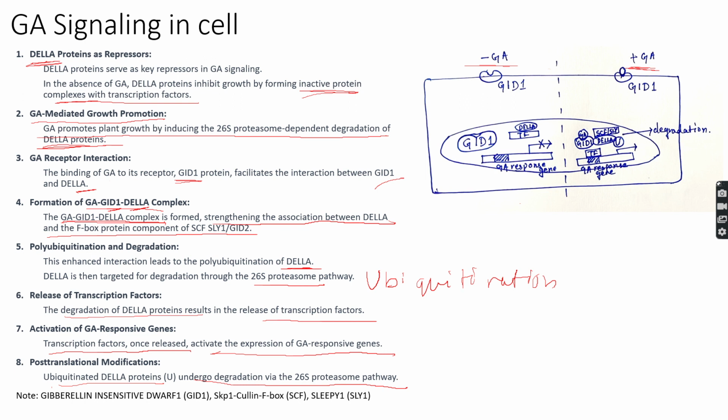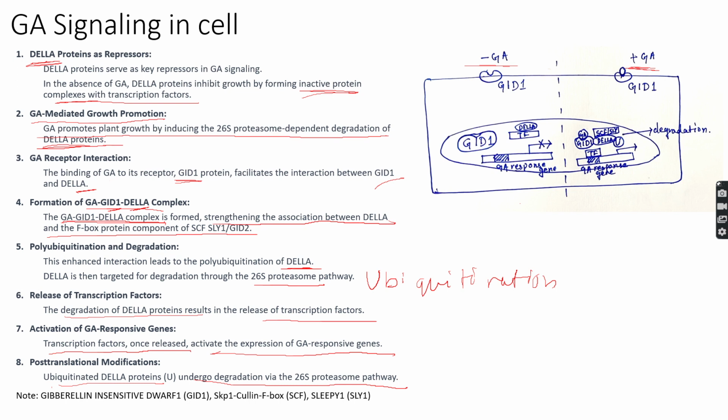So here GID1 is gibberellin insensitive dwarf 1 and GID2 is gibberellin insensitive dwarf 2. Then SKP1 Cullin F-box is the SCF protein, and SLY1 is sleepy 1.